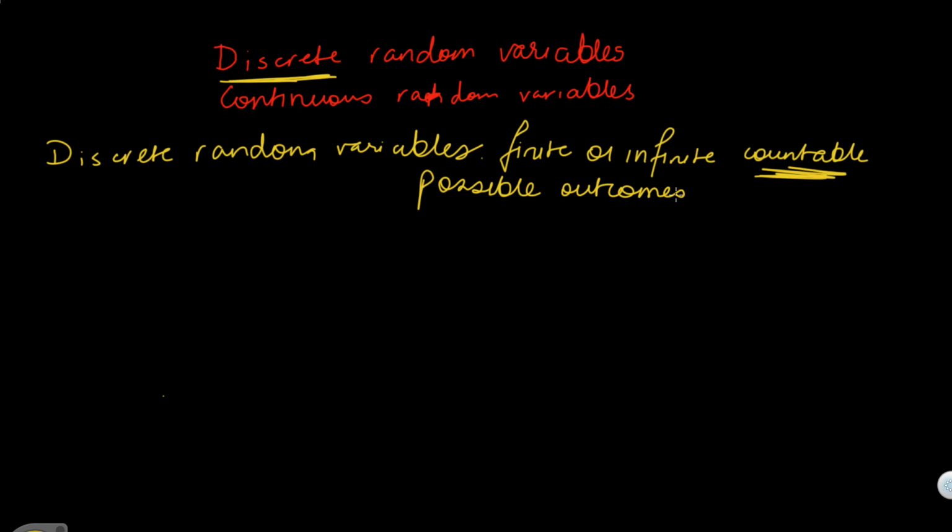What this basically means is, let's say we have a random variable called x, and x defines the number of chips in a packet. Let's assume that the number of chips in the packet are only whole, so you can't have half a chip.